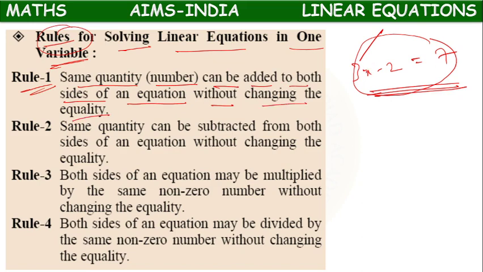Now, if I want to find the value of x here, 3x minus 2 equals to 7. If I want to find x, this minus 2 I want to remove. For removing minus 2, what we can do? Opposite to that, plus 2 we can add on both sides.